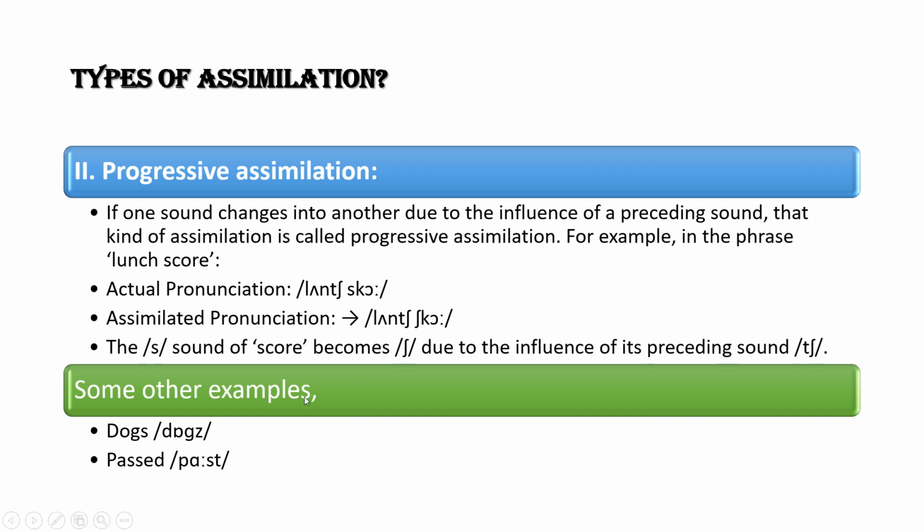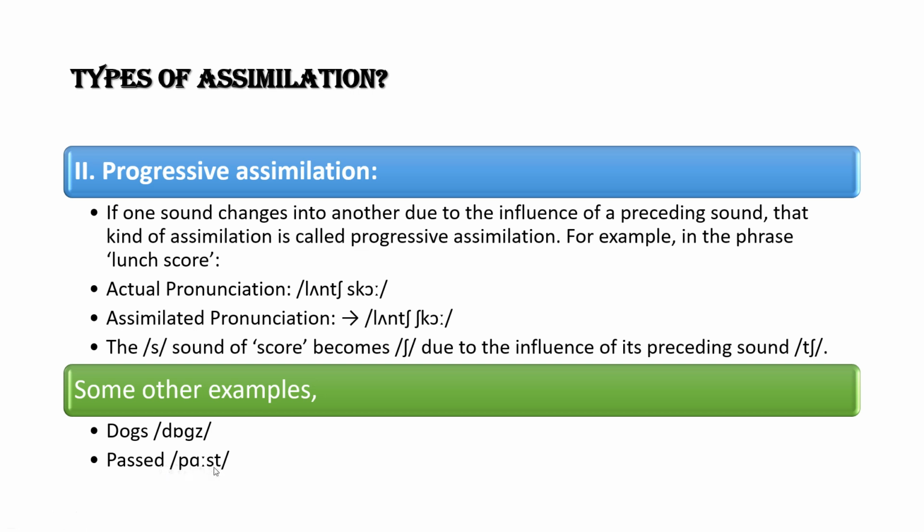And some other examples here, look, "dogs". It is pronounced as "dogz". The s changes into z because of the influence of the preceding g sound. And "passed", here also this ed suffix is pronounced as t because of the preceding sound.